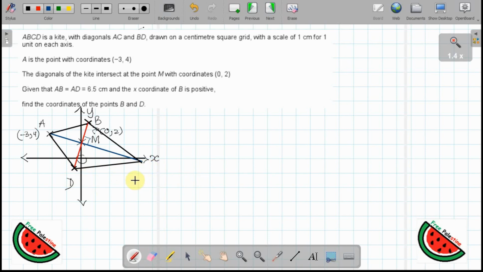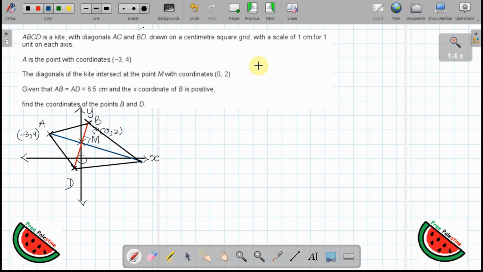So if I was to find the gradient of the blue line, which I can do because I have the coordinates of the points A and M, I can find the equation and the gradient of the blue diagonal. The red diagonal should be perpendicular to the blue diagonal, and I can use that fact to find the equation of the red diagonal. So that's my first starting point.